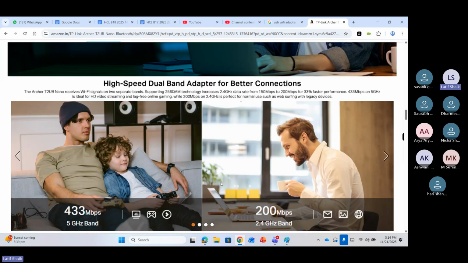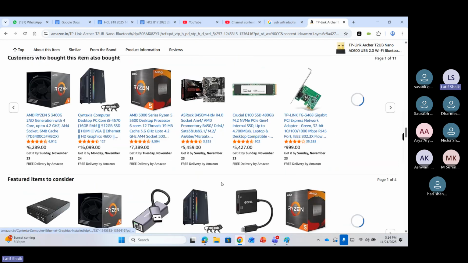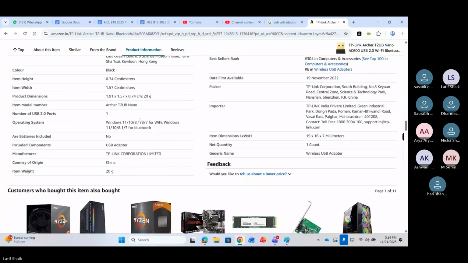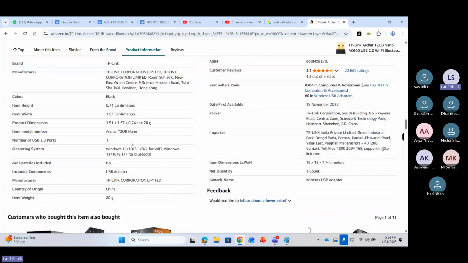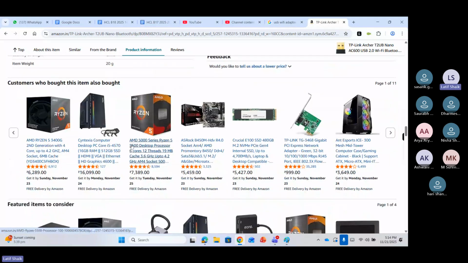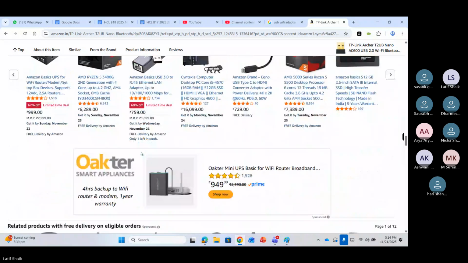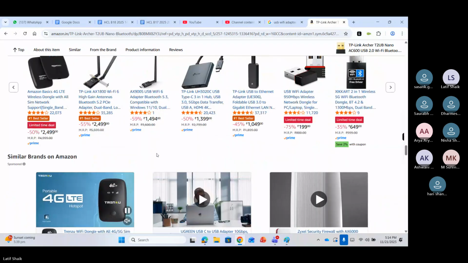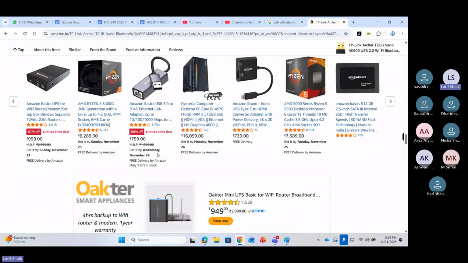So here also you can go up to here. Any wireless standard it is showing. Actually, it will show. Not showing. Why is it not showing?